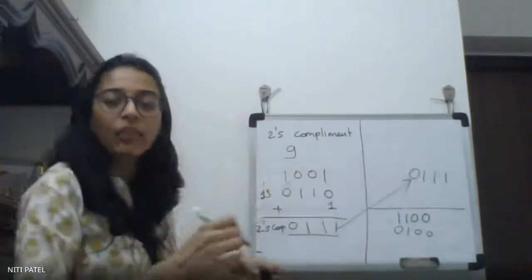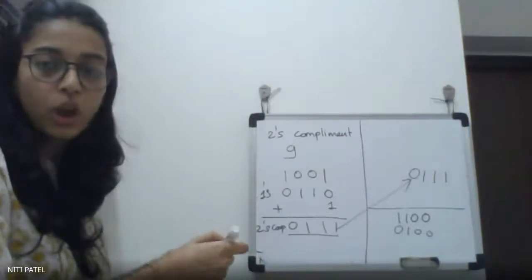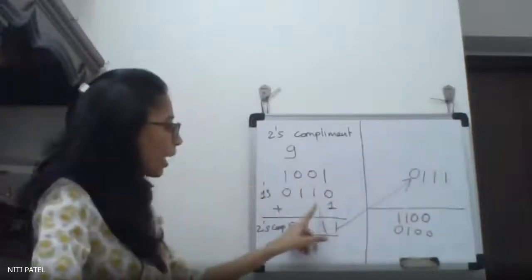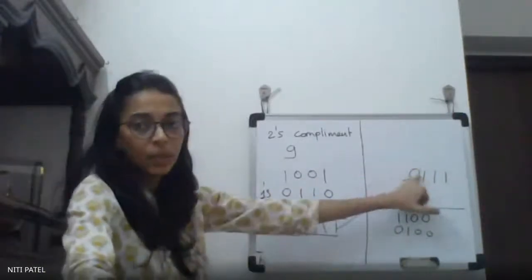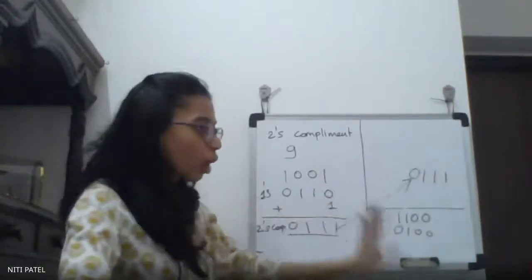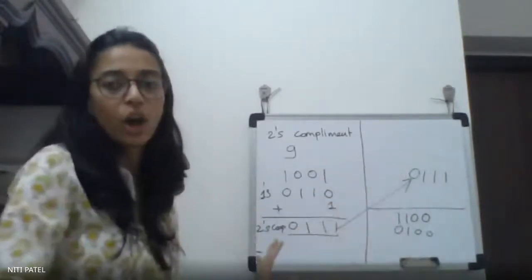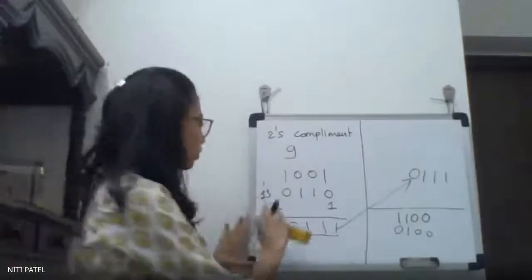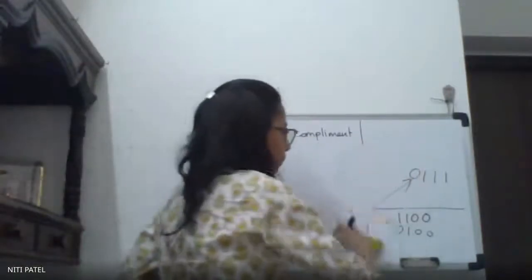I hope you all are aware of this method. So either you use this method or you add 1, you will get the same answer. If you have used this method, you can use it to cross verify whether the answer is correct. So this is how you calculate 2's complement.